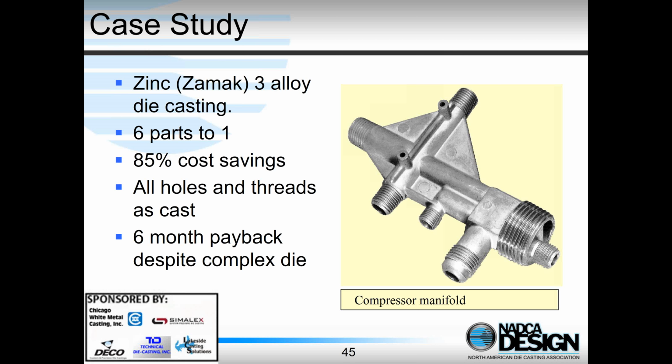The one shown here had an 85% cost saving, and despite the fact they were making a much more complicated die casting, they had to make a tool that was quite expensive. The cost payback on this complex tool was only 6 months. And so, again, that shows the strength of all casting processes, but certainly in this case, specifically die casting.